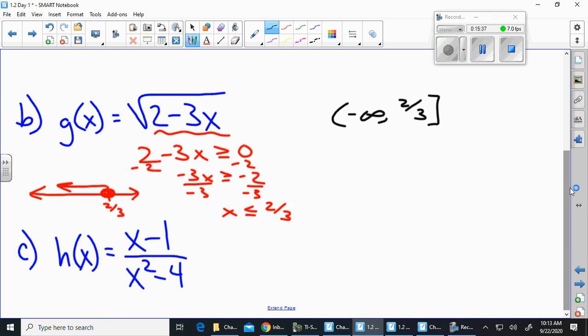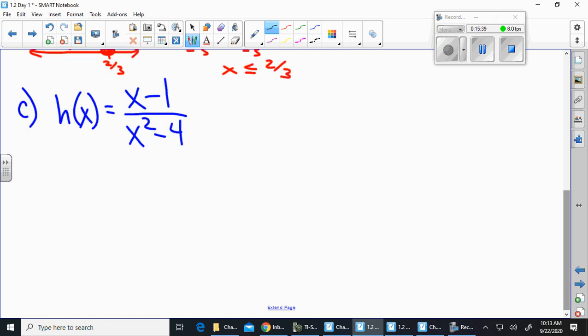Last one, you have a fraction. You don't have a radical. Now, eventually, you're going to see fractions and radicals. So what do I have to think of? I cannot divide by 0. Well, now I have to solve that. That's a quadratic. Square root, factor, quadratic formula, whatever.